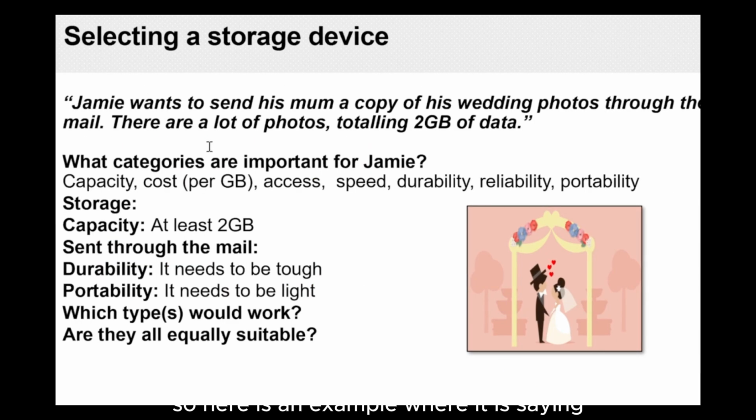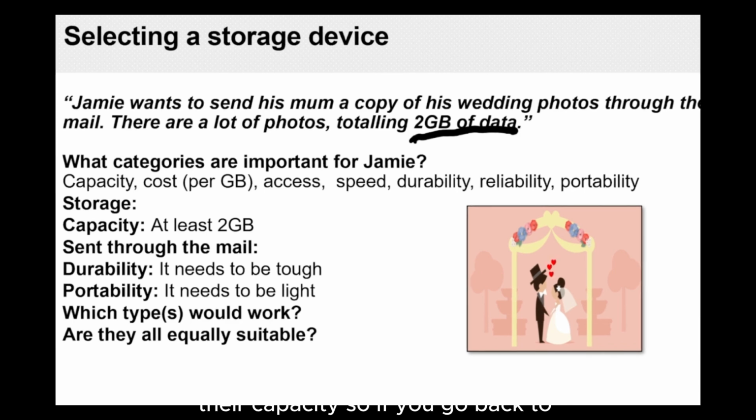So here is an example where it is saying Jamie wants to send his mom a copy of his wedding photographs through the mail. There are a lot of photos totaling 2 gigabytes. So they've given you the amount, 2 gigabytes of data. Now this is where you have to look into their capacity.